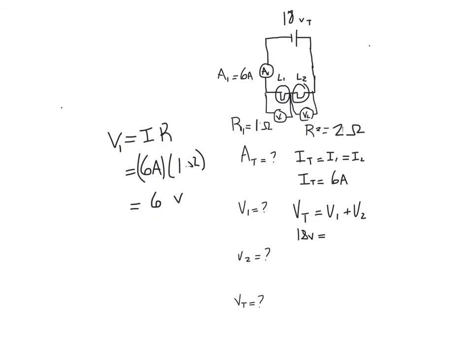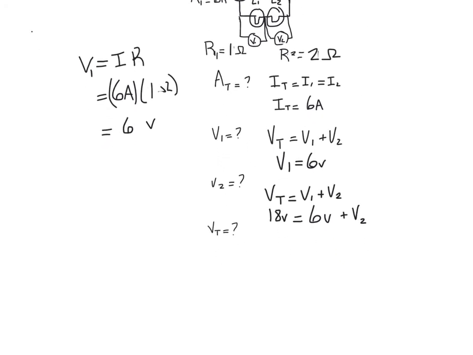Now, over here, we can just say that V1 is equal to 6V because we calculated it on the side. For V2, we know that VT is equal to V1 plus V2, so total volts is 18 is 6V plus V2.